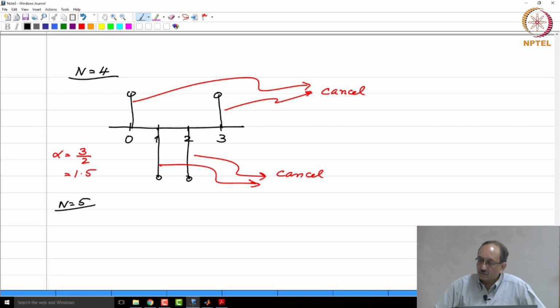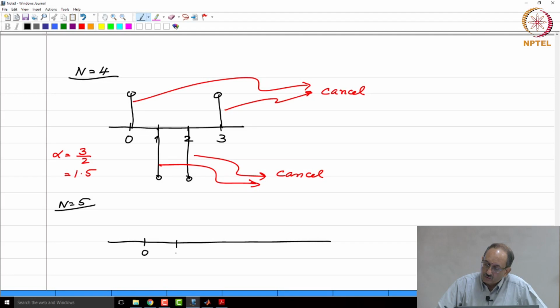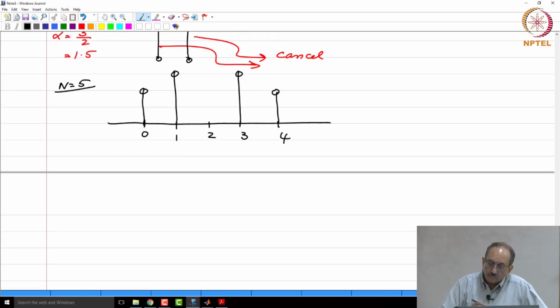Now, let us look at n equals 5. If you have n equal to 5, this goes from 0, 1, 2, 3, 4. So, h of 0 must be the same as h of 4, h of 1 must be the same as h of 3, h of 2 does not have any pair.